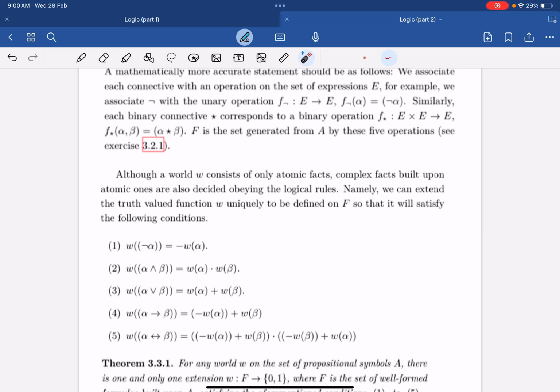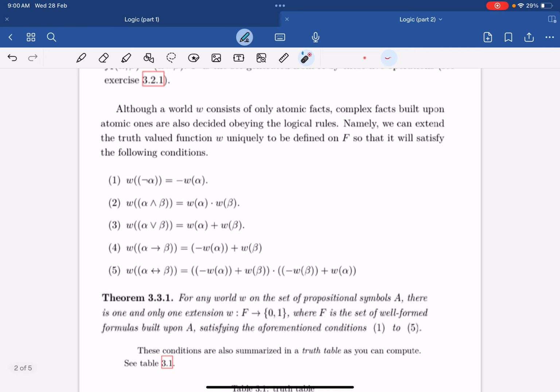So by Boolean algebra, 1 minus 1 results in 0. And then AND you can put as a product, or you can put as an addition.